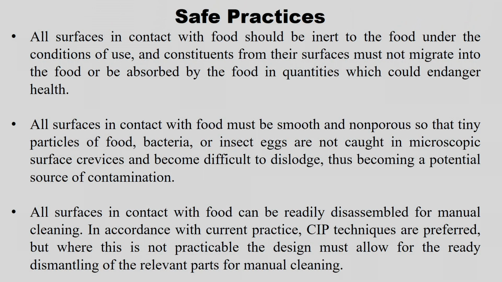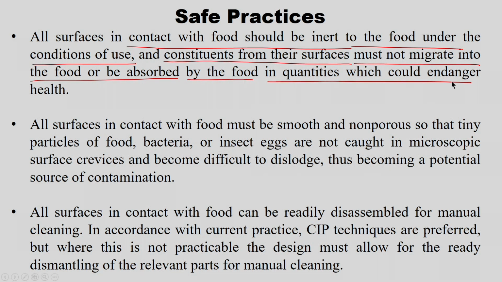The safe practices are also ensured while designing a dryer. So one thing is that surfaces in contact with the food should be inert to the food under the conditions of use, and the constituents from their surface must not migrate into the food or be absorbed by the food in quantities which could endanger health. This is where your food materials are kept inside the dryer, for example, we have a tray, right.